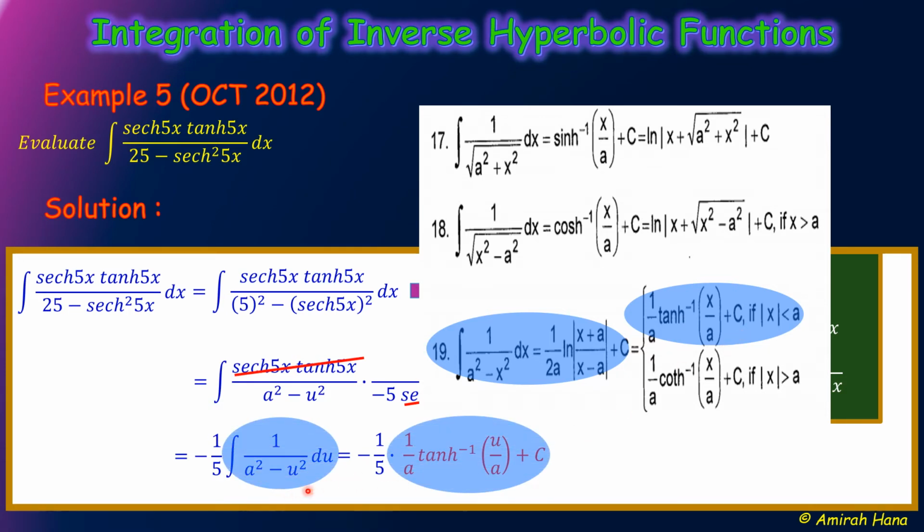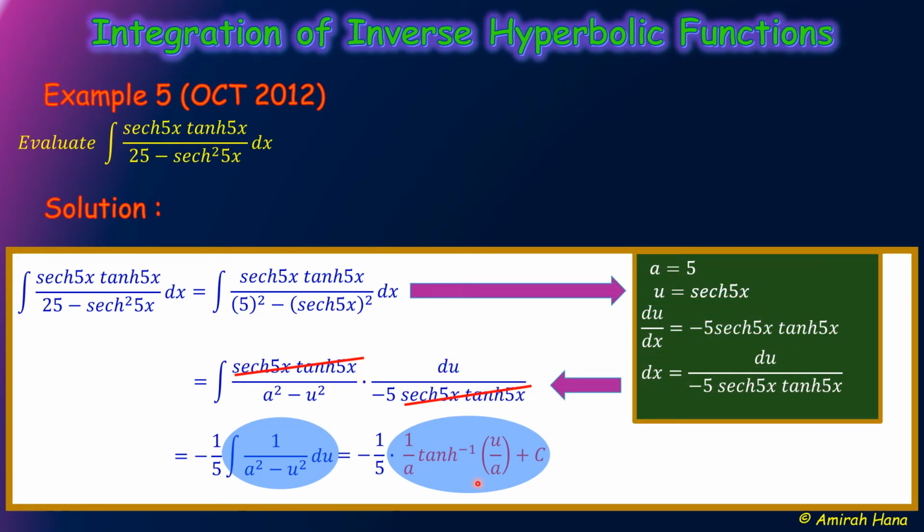Finally, we replace a by 5 and u by sec 5x. After we simplify, 5 times a is 5, so we have 25 here. So the final answer is negative 1 over 25 inverse tang sec 5x over 5 plus c. Okay, you got it?